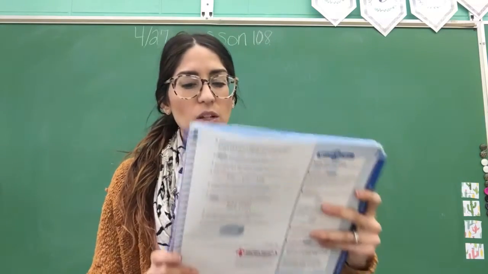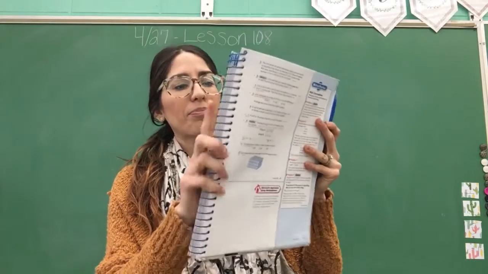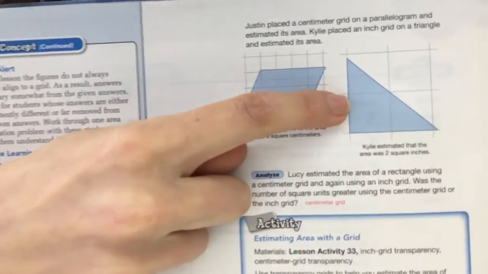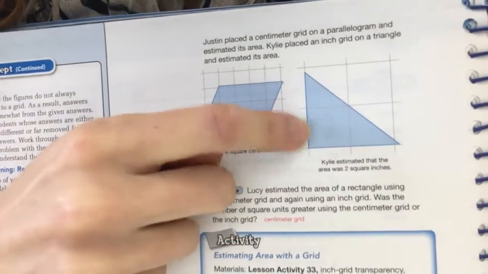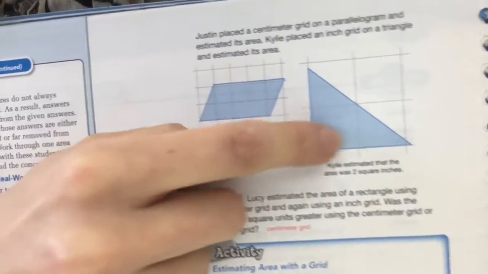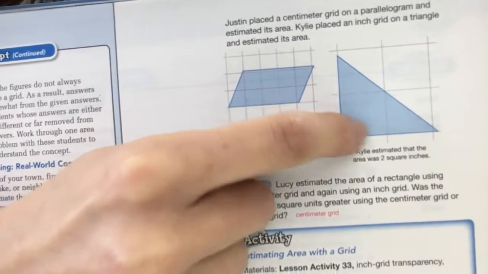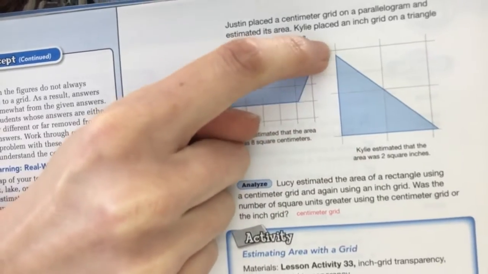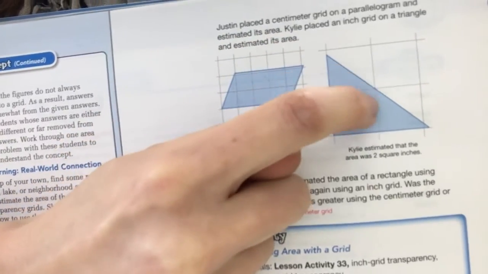So let's go ahead to Kylie's little triangle, or big triangle, I say here. If you see, for sure there's 1 square inch. This whole square is 1 square inch filled. Now this one's about halfway, and so is this one.